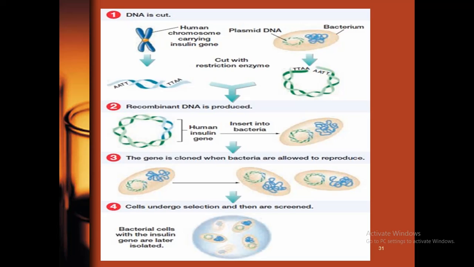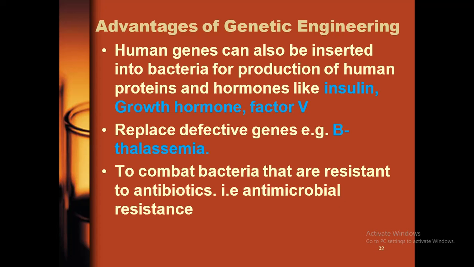This recombinant DNA of human insulin gene is inserted back into the bacterium, where when the bacteria multiplies, this gene also multiplies along with it, and these cells with recombinant human insulin gene DNA are selected and then they are screened. So these can be isolated later on to produce recombinant human insulin.